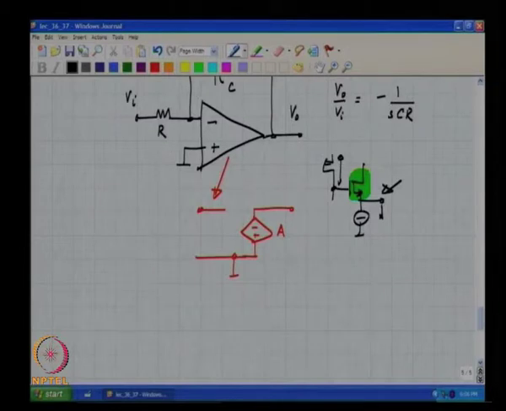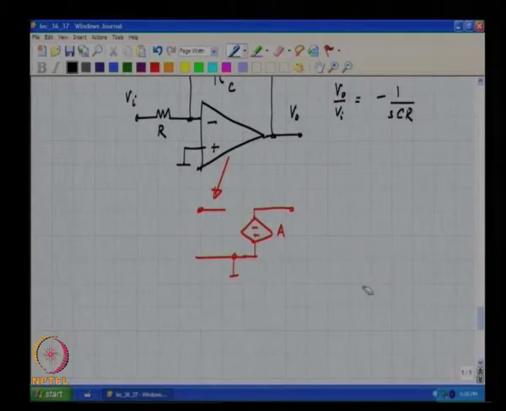You understand? So, instead of thinking of the op amp as an ideal voltage controlled voltage source where the gain tends to infinity, which is what one normally thinks of an op amp as, one can also think of an op amp as a voltage controlled current source where the gM tends to infinity.